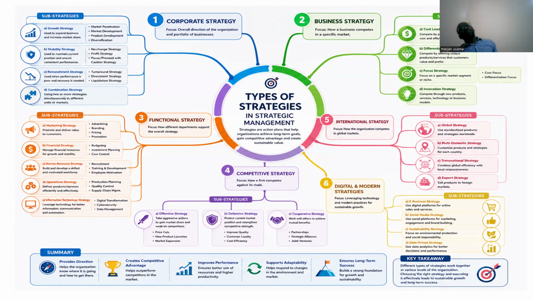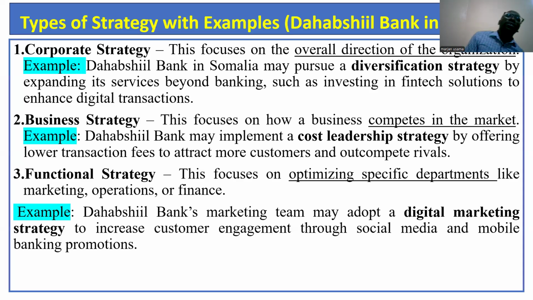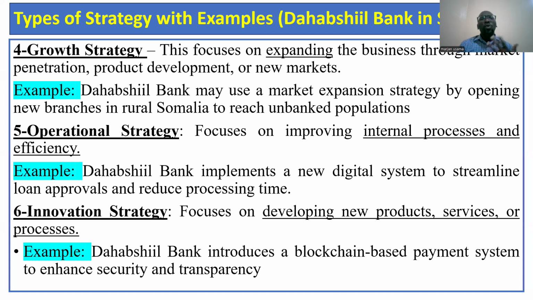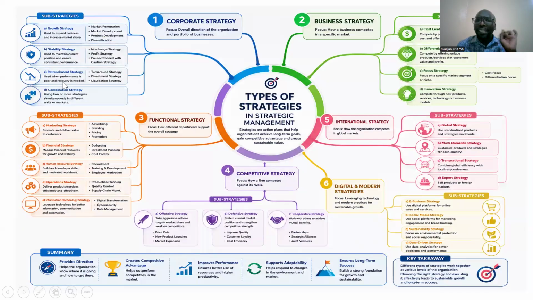So we will talk about all these strategies as time goes. Okay. So here we just have some quick definitions, but we'll have a lesson where I will explain not all the strategies, but the main ones. We have the corporate strategy. You have to understand the corporate strategy.